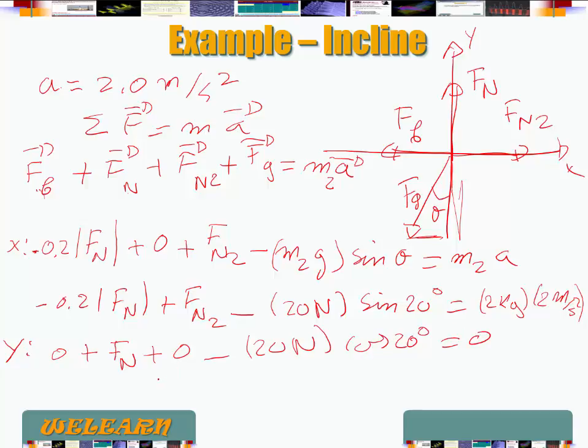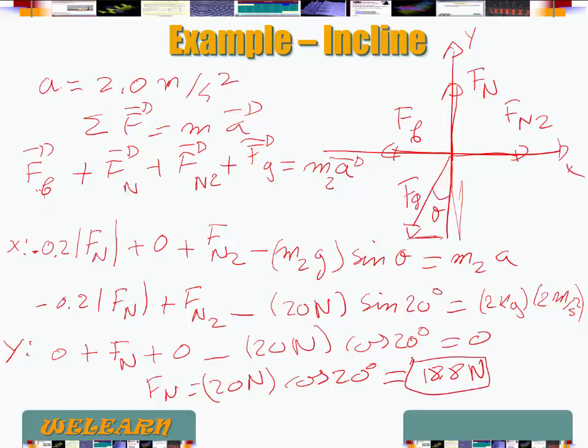So in this case, my Fn is equal to 20 newtons cosine of 20 degrees, which is equal to 18.8 newtons. That's my Fn.